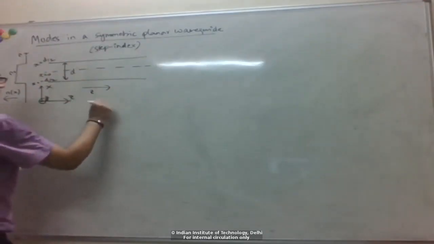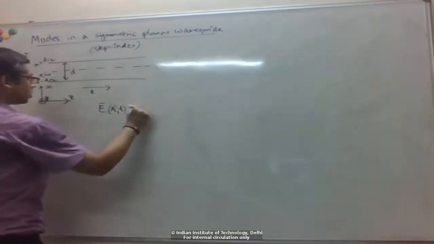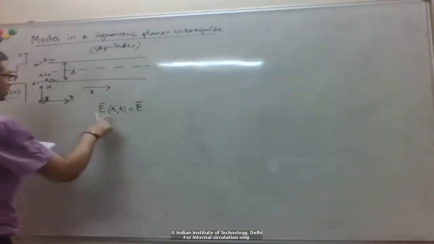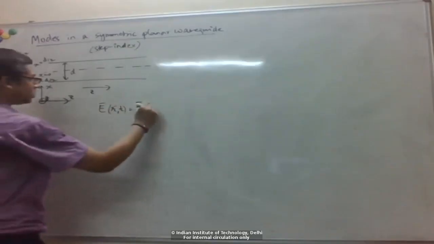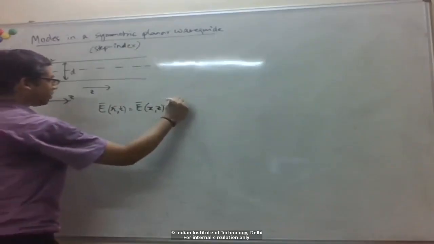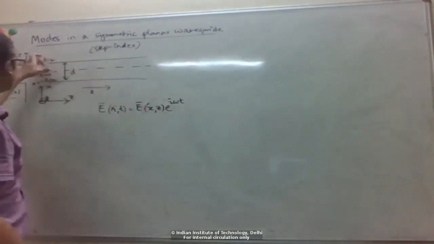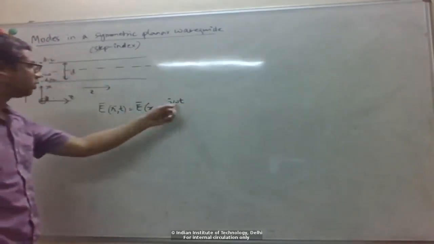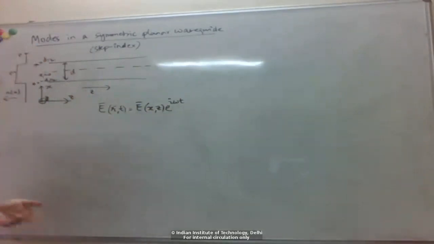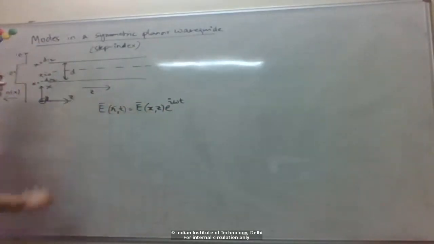So let's consider a monochromatic wave at a particular frequency. As a function of position and time, we will write it as a monochromatic wave, e to the i omega t. At each particular frequency, as you change the frequency, the mode will change. So we are solving at a particular frequency or a particular wavelength. The position dependence we've taken here as a function of x and z.